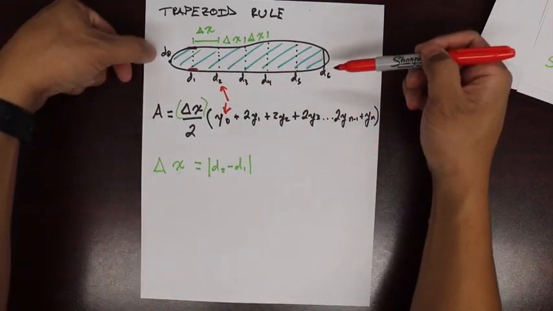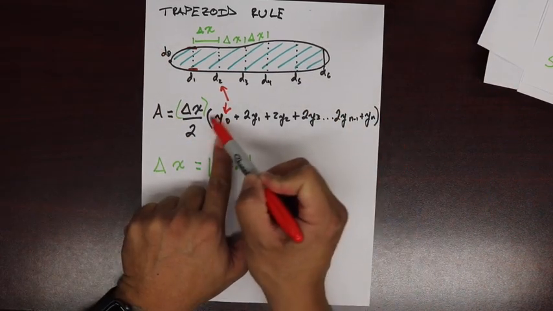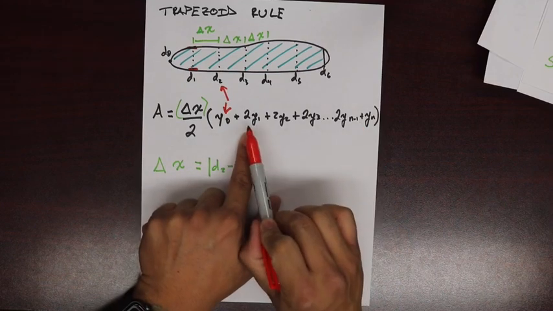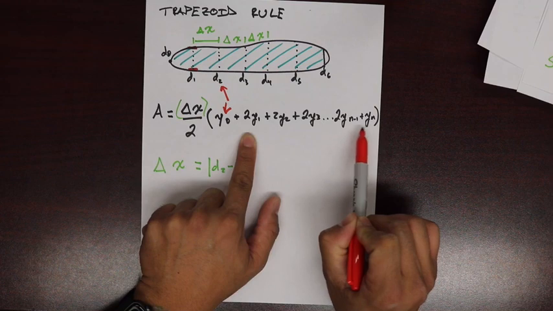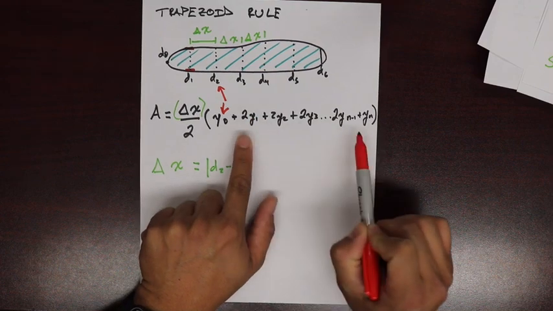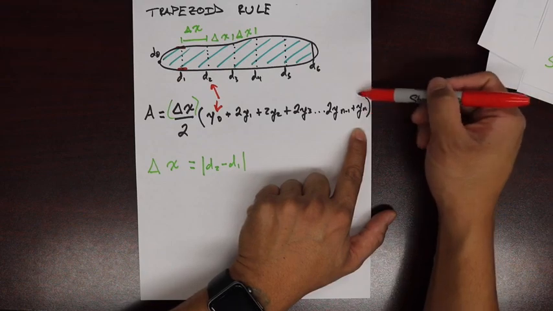Now, make a point, right? We see that y0 has no 2, whereas y1, y2, y3, all the way up to y n minus 1, have a 2 in front of them. And then you have y n, which has no 2.